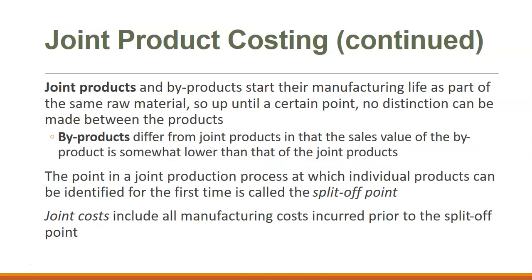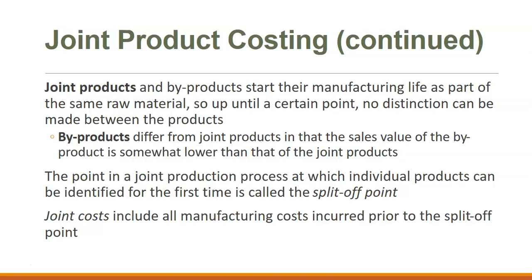So joint products and byproducts all start as the same raw material. And up until a certain point, there's no difference between what our end products are. That point in a joint production process where we must make a decision about what products we end up producing from our raw materials is called the split off point.